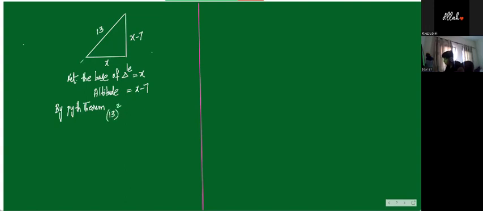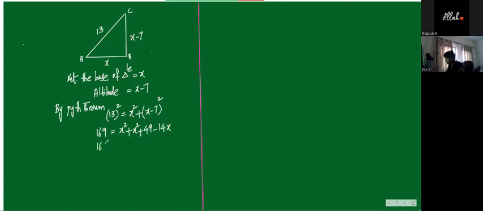Naming the triangle ABC, AC square is equal to AB square plus BC square. So 13 square, which is 169, is equal to x square plus x minus 7 whole square, and we apply a minus b whole square, which is a square minus 2ab plus b square. 7 square is 49, and 2 sevens are 14x, so minus 14x.